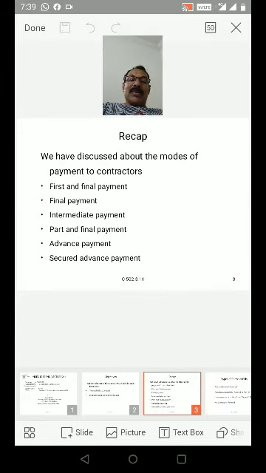And part and final payment; advance payment, which is made before starting of the work; and secured advance payment.